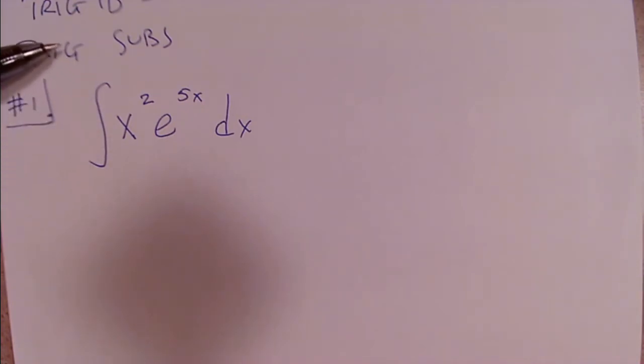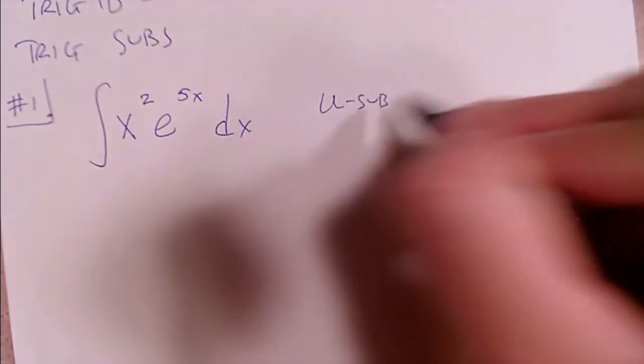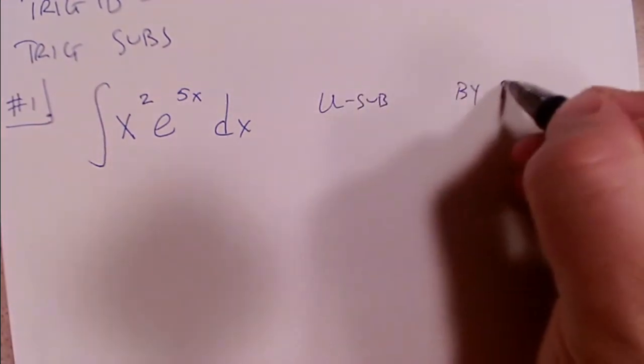And especially with trig subs, as you may recall, you have an x squared plus an a squared, or x squared minus a squared, things like that. Sometimes a square root is involved, but not always. So this is really not a trig sub type thing. So my mind, when I look at this, automatically goes to either a U sub or by parts.